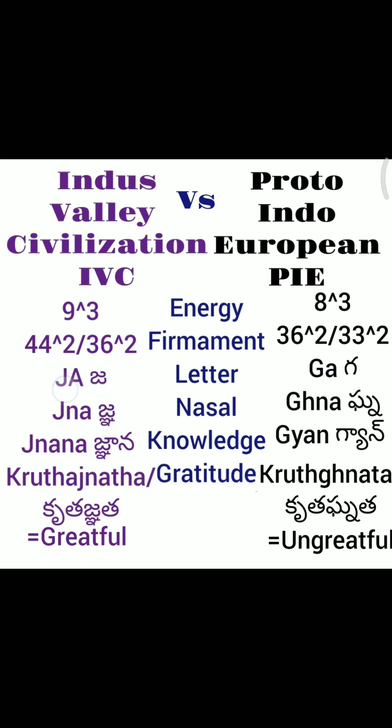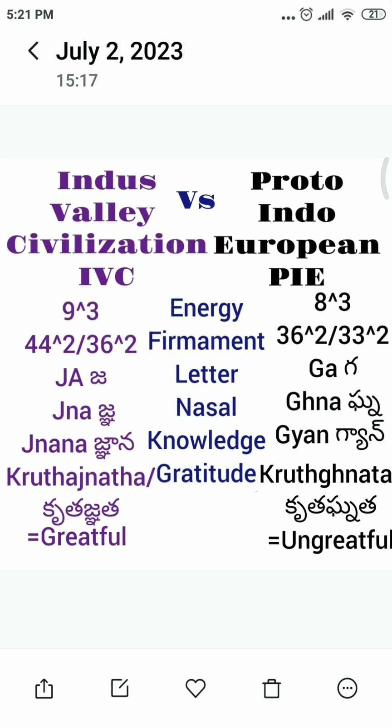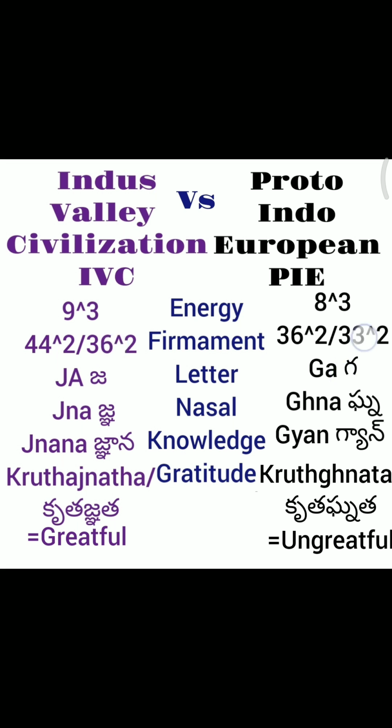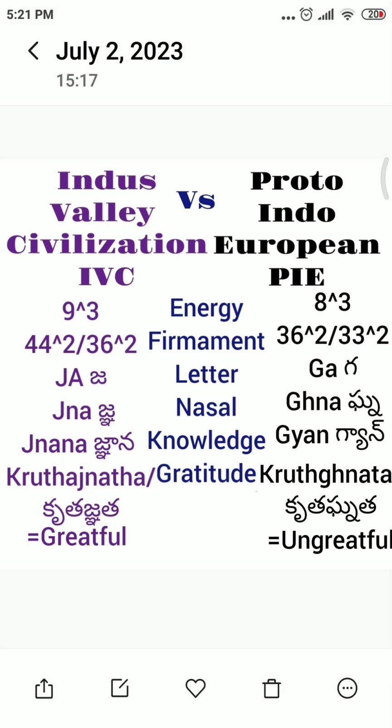Ja, as I told you, is 36 squared, Ga is 33 squared. Though there is very little difference from 36 to 33, it has very deep implications on the nature of their cultures.